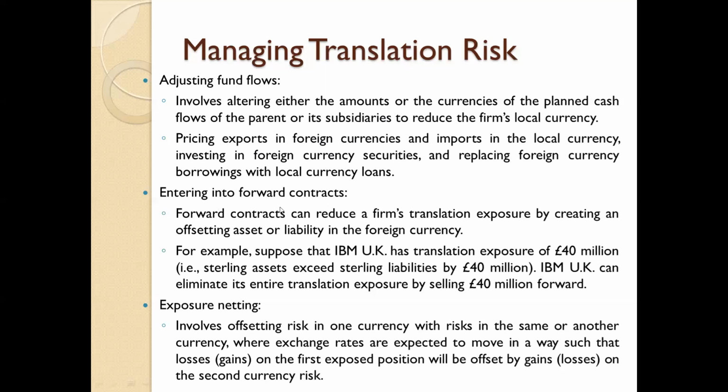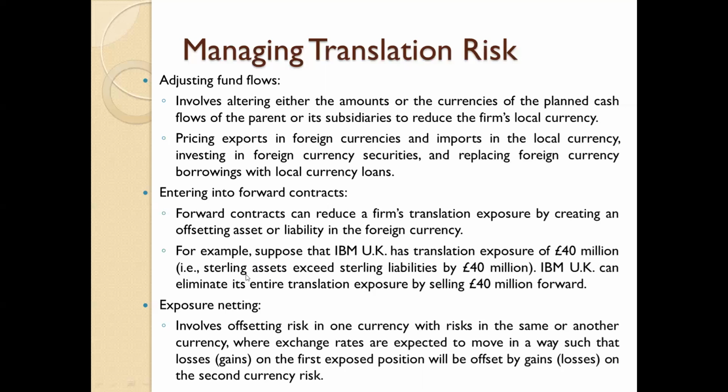The other one is, as we already know, that they can enter into a forward contract. So a forward contract can reduce the firm's translation risk by creating an offsetting asset or liability in foreign currency. Now this example is given in your textbook also. Suppose that IBM in the UK has a translation exposure of pound 40 million.